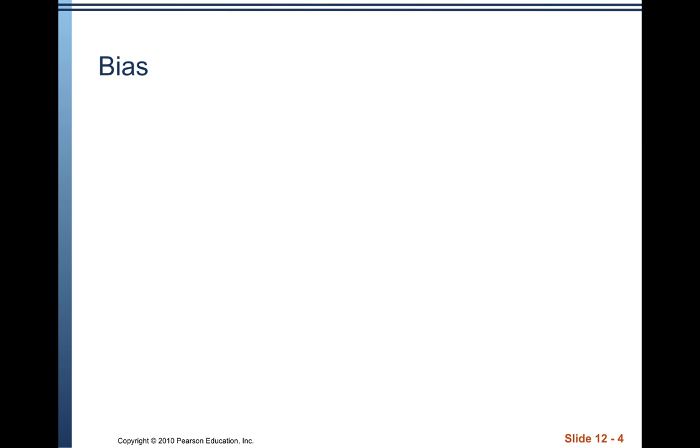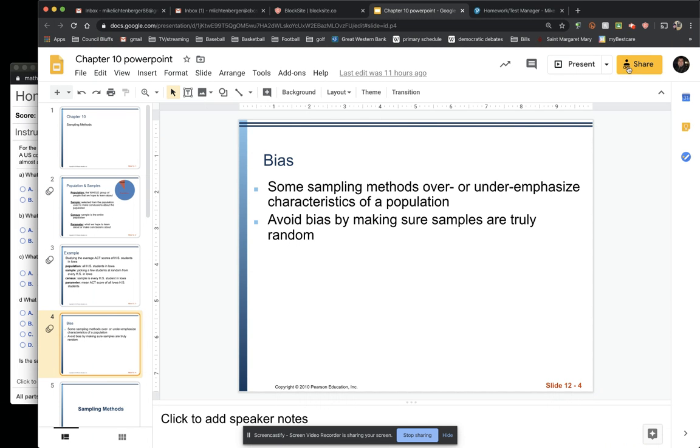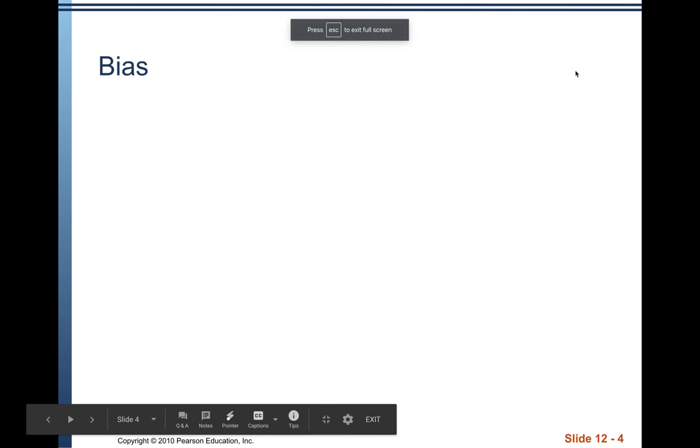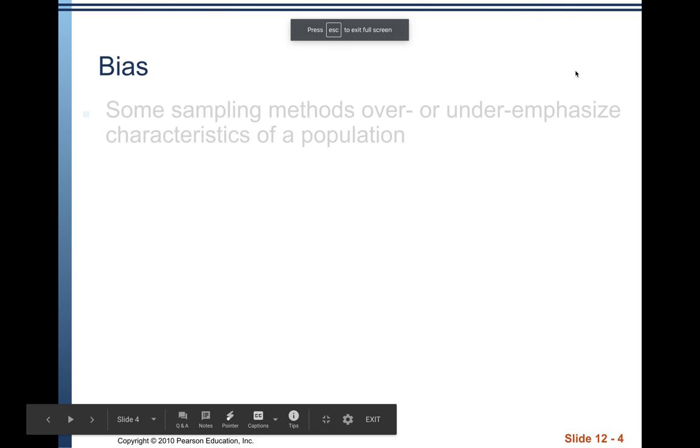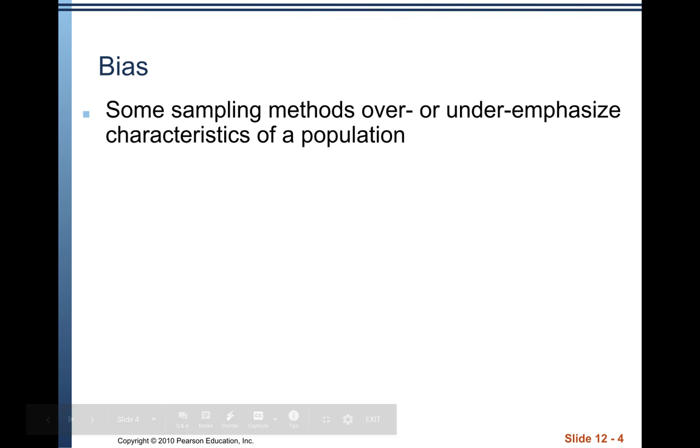Really, the goal of any study, of any sample, is to avoid bias. I know you all know what bias is. It's a word you've heard before. You want your results to be unbiased.